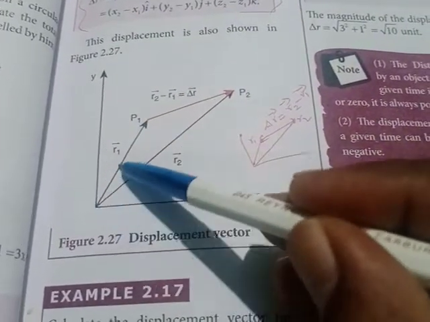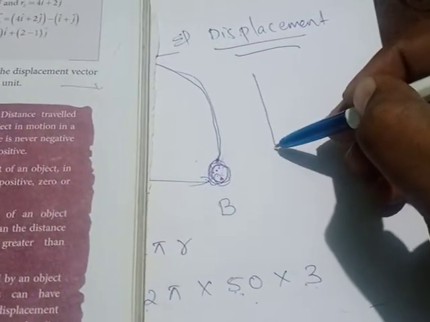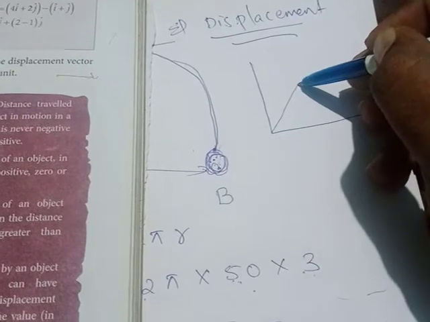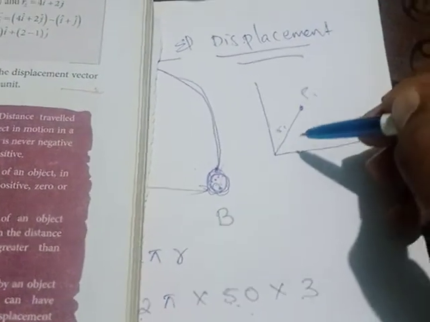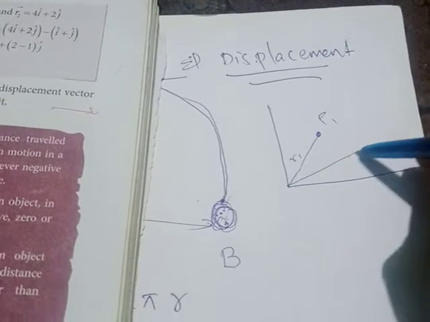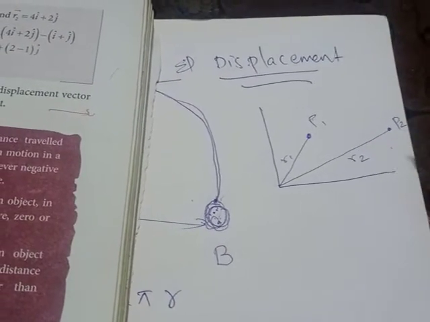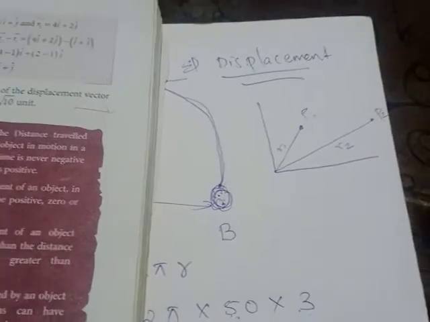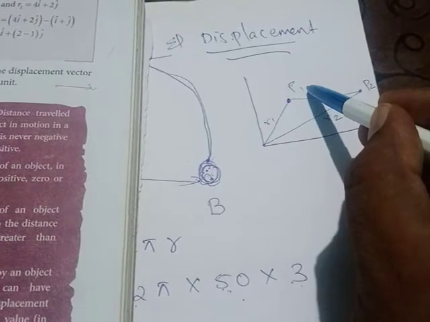So this is a position vector R1. You see a particle moving, P1, position vector is R1. Another particle moving, P2, position vector R2. And the difference between these positions is what?